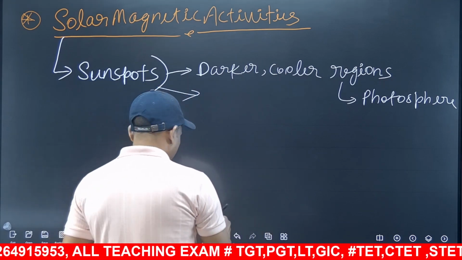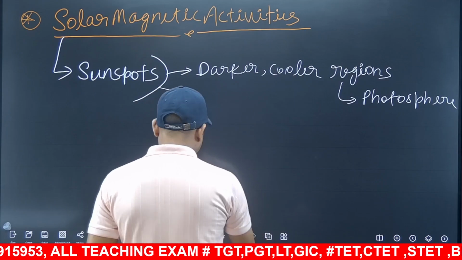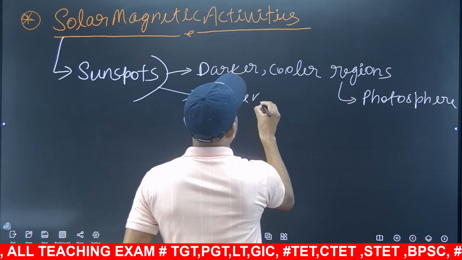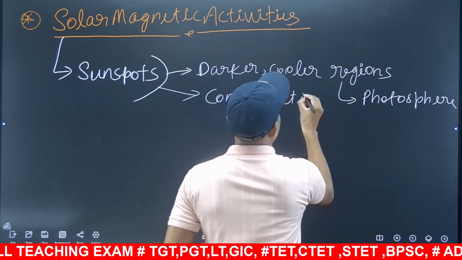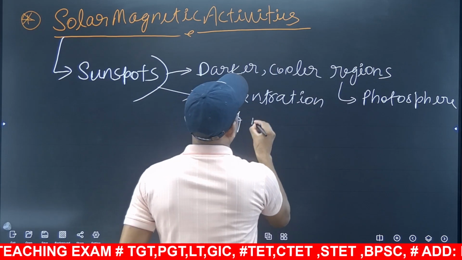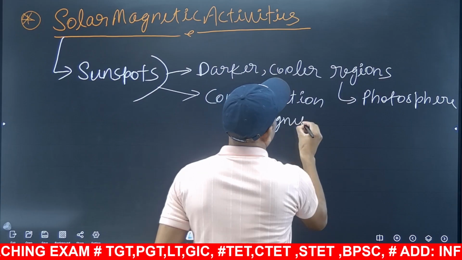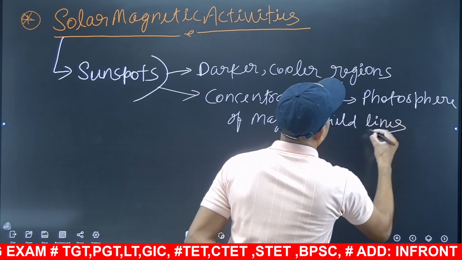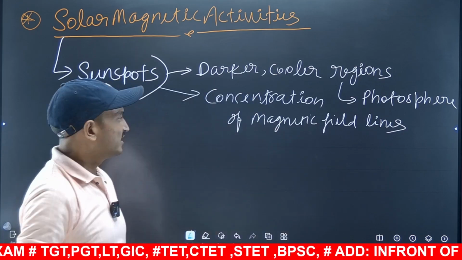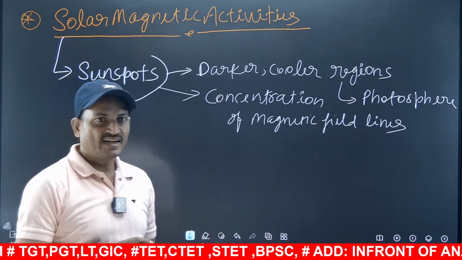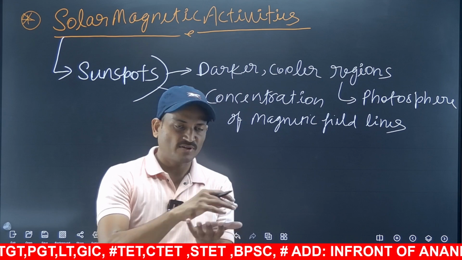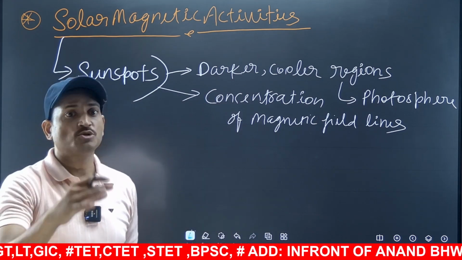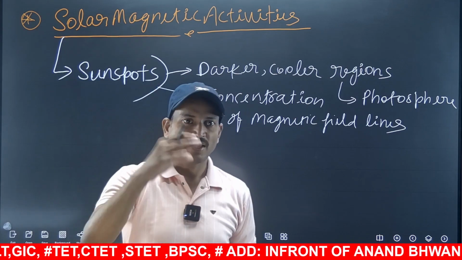They are caused due to concentration of magnetic field lines. Due to concentration of magnetic field lines, we have seen that the heat from the core of the sun is getting convected to the photosphere through the convective zone, through the convection of plasma.